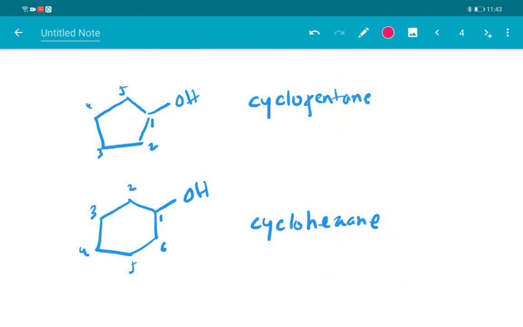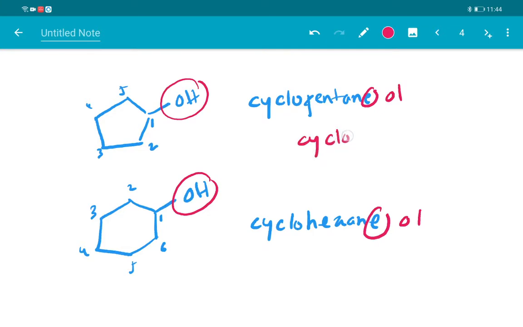And then please take note that we have the alcohol which is attached to the first carbon. We change the E here into ol. Same goes for the cyclohexane. The E will convert into ol, which is going to give us cyclopentanol and also cyclohexanol.